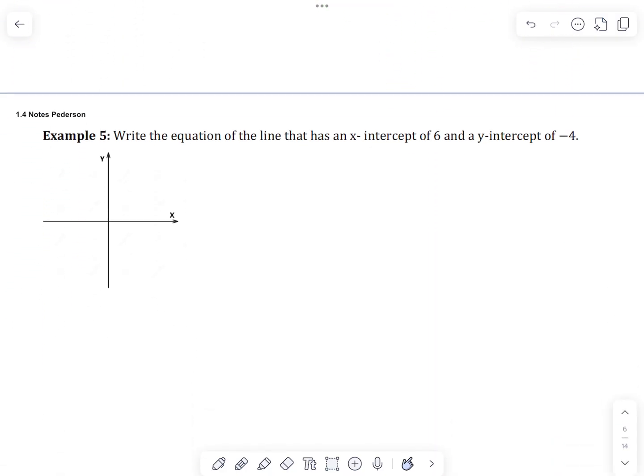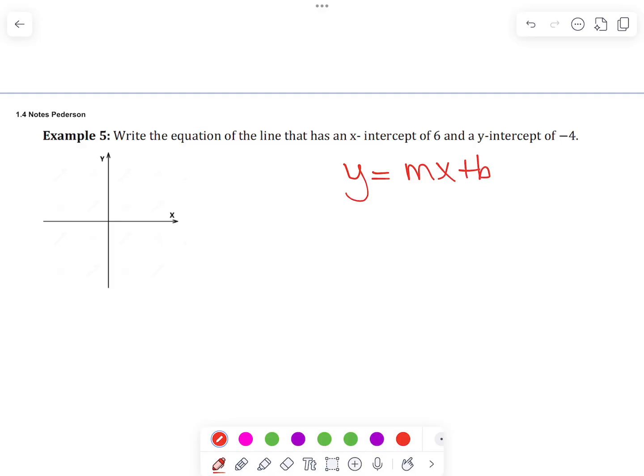Write the equation of a line that has an x-intercept of 6 and a y-intercept of -4. So we already know this guy right here, the y-intercept is -4. So 1, 2, 3, 4.